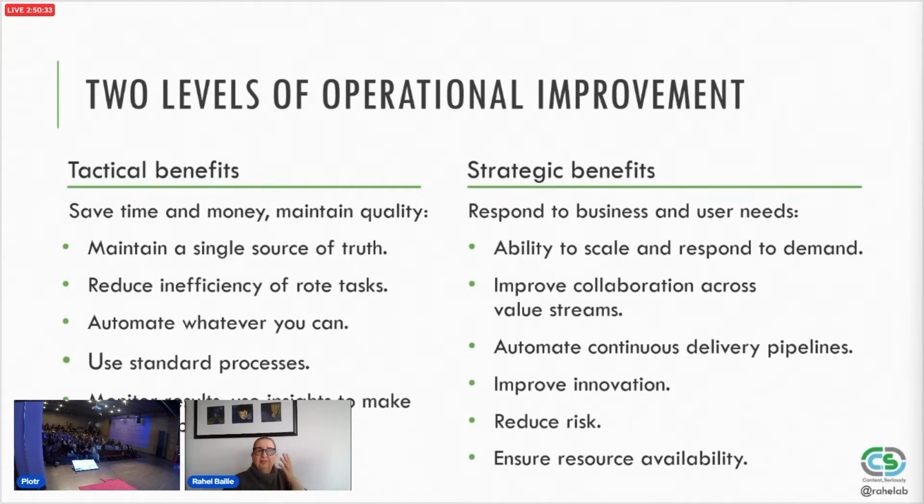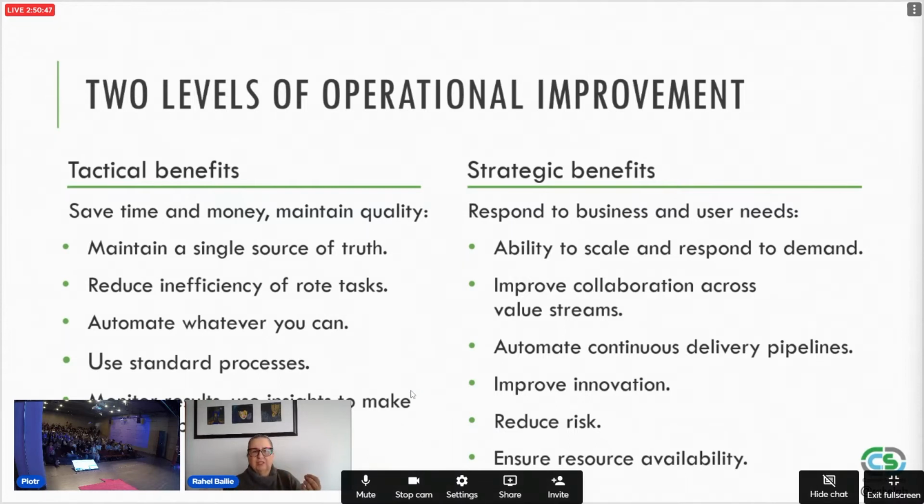Now, there are two levels of operational improvement that we can look at. One is tactical. If you're thinking about how this affects your job, it's about maintaining the signals of truth and reducing the inefficiency of rote tasks. So, not tracking things in a spreadsheet when you could actually have a workflow module that does all the tracking for you, for example.